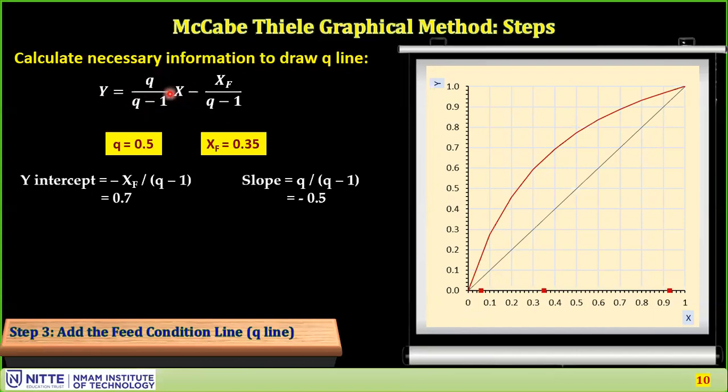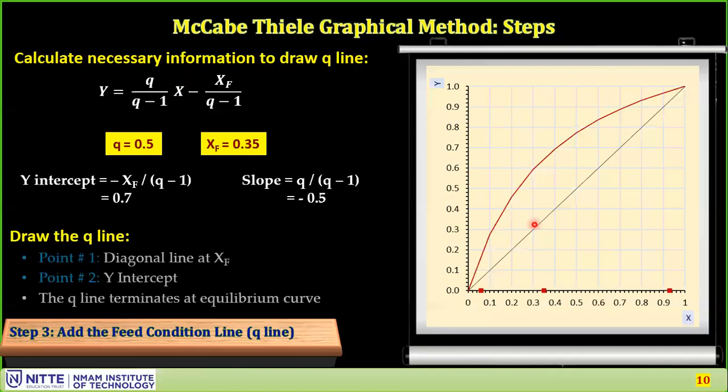That means this line passes through the point xf comma xf, 0.35, 0.35. That's on the diagonal line, the x is equal to y line. So the q line passes through this point xf comma xf.